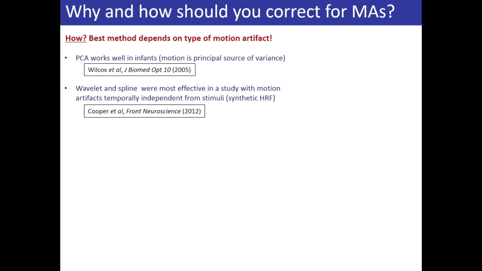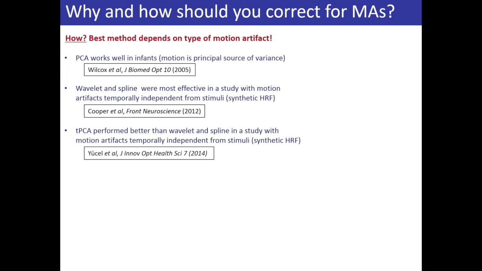And there is this study by Rob Cooper, and in his study he compared different methods, actually adding a synthetic HRF and checking how well it can be recovered after cleaning with different types of motion corrections. And he found that wavelet and spline were most effective in that study basically.